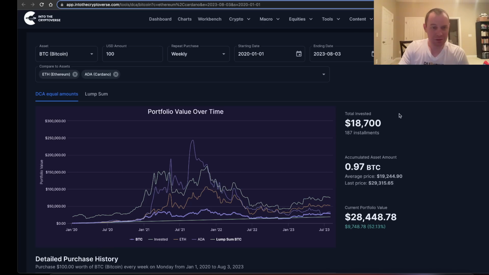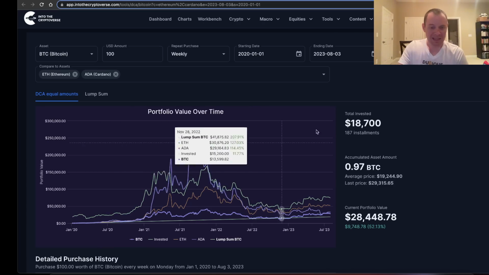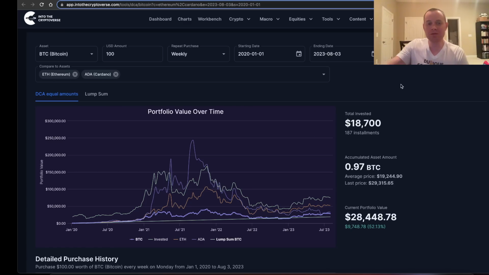But when it comes to the data, it has and continues to suggest that Bitcoin dominance goes up in the bear market year and in the pre-halving year.